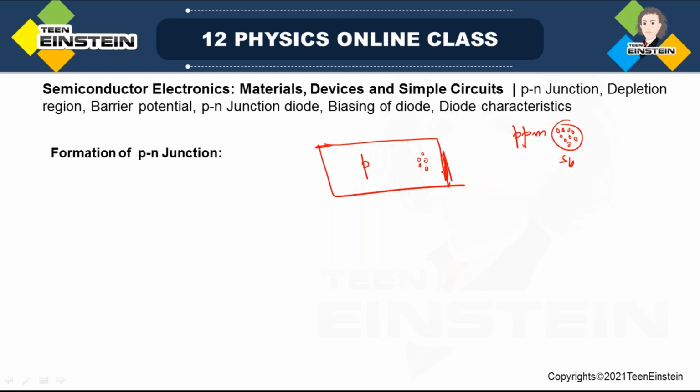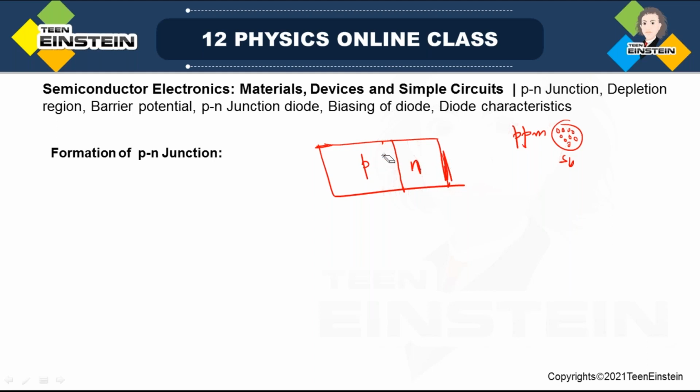Then you will see the whole region near this will start converting from a P to an N region. So the whole region up to here may form an N region upon doping. Now there is a P region and an N region.